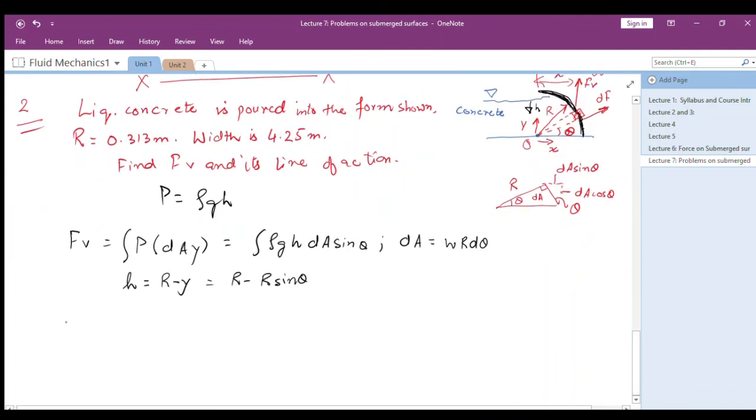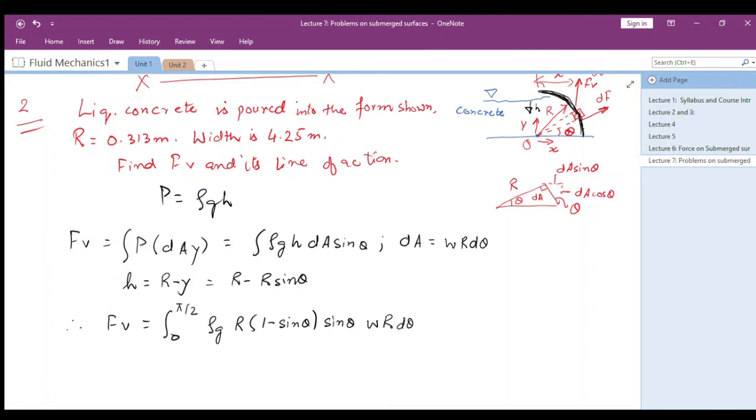If that's the case, then I can find my vertical force, and that would be equal to, this is a quarter arc, which means that my theta would go from 0 to pi by 2. Rho g r (1 minus sin theta) times sin theta times w r d theta.